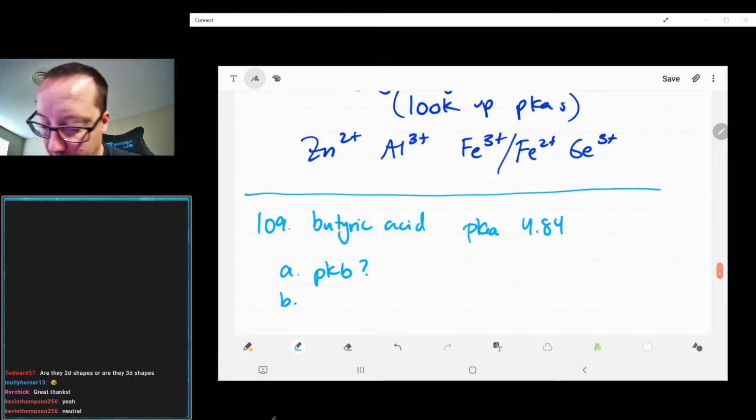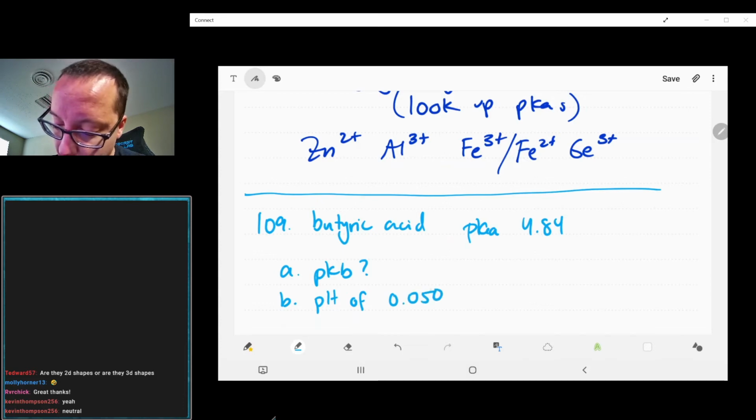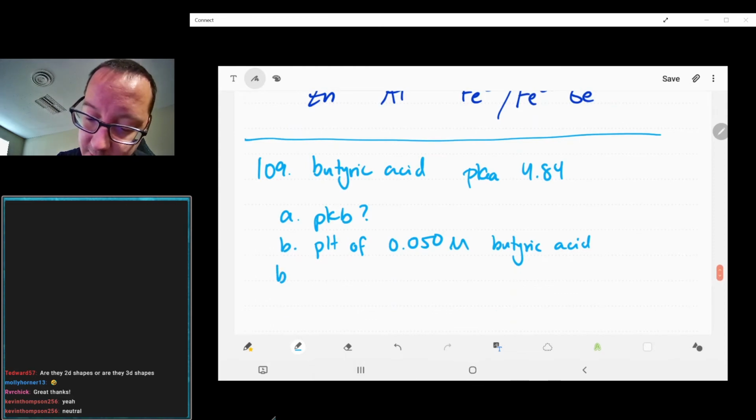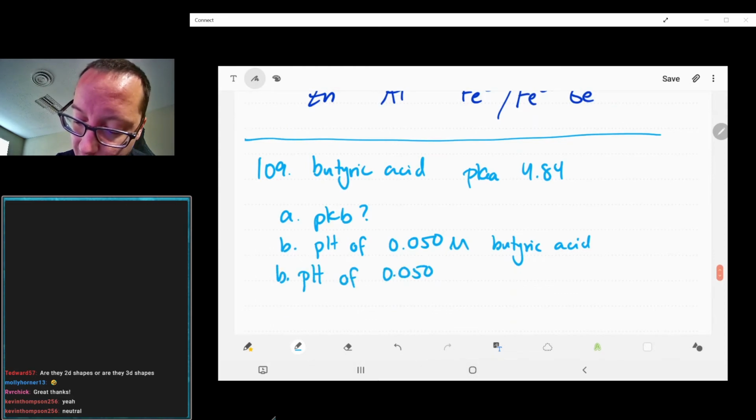We're going to find the pH of this solution, butyric acid. And then we're going to find the pH of sodium butyrate.